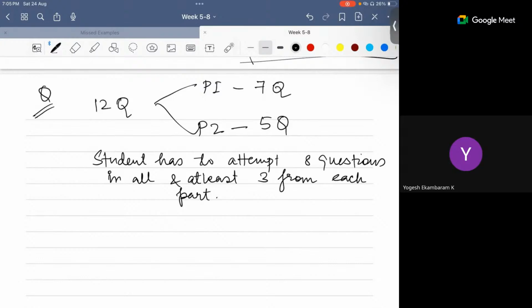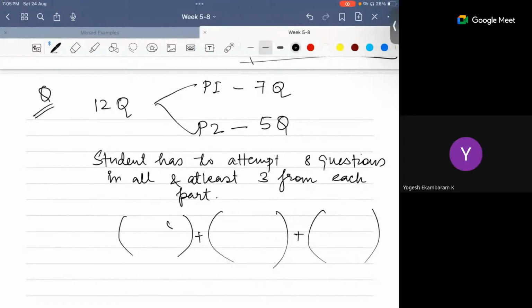So we'll create cases. 3 cases will be there, correct? At least 3 questions they have to attempt from each part. So for example, from the first part they have attempted 3. Whatever is left, how many can they attempt from the second part? 5 questions.